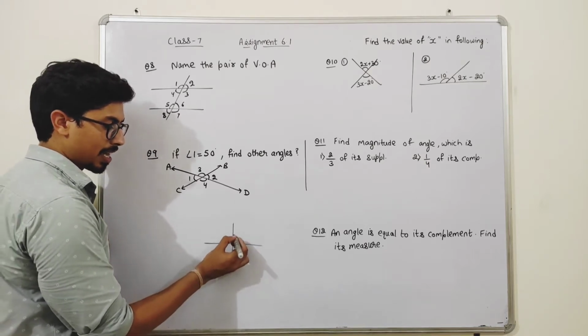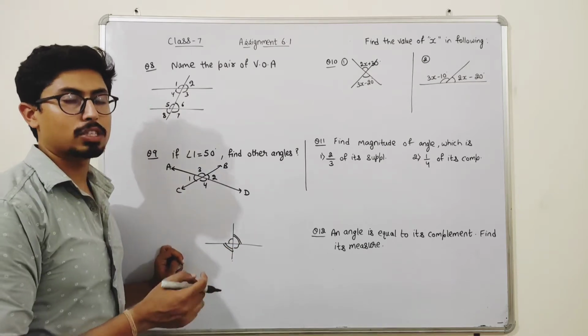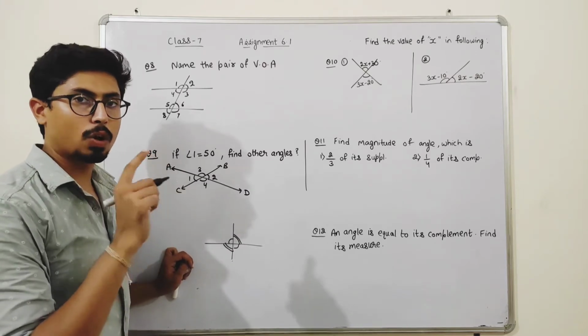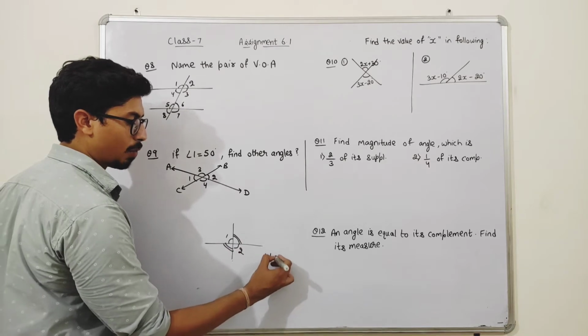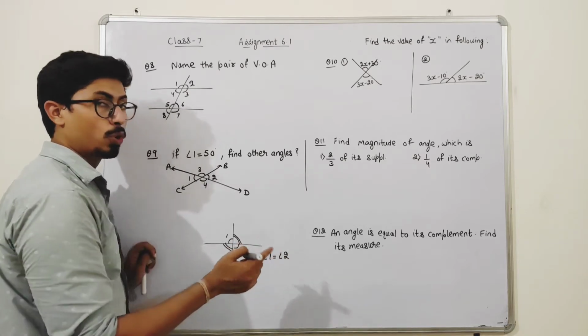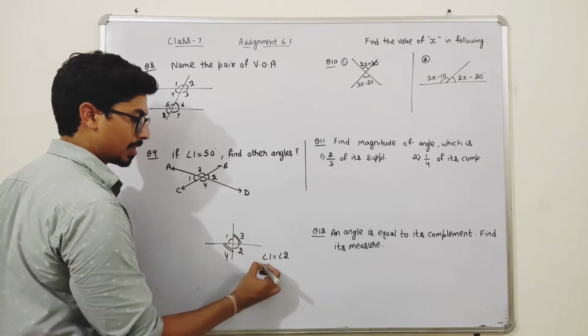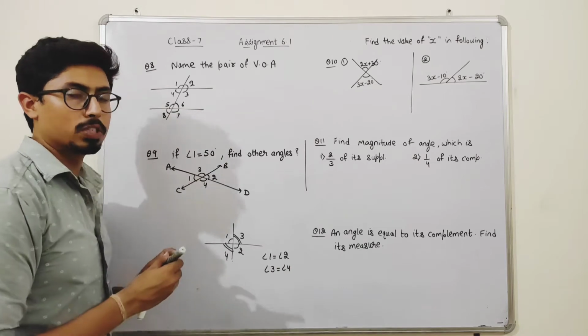Similarly, this angle and this angle are forming vertically opposite angles. And students, always understand this thing, vertically opposite angles are always equal. If I take this angle as 1 and this angle as 2, angle 1 will be equal to angle 2 due to vertically opposite angles, and if these are 3 and 4, then angle 3 will be equal to angle 4 due to vertically opposite angles.